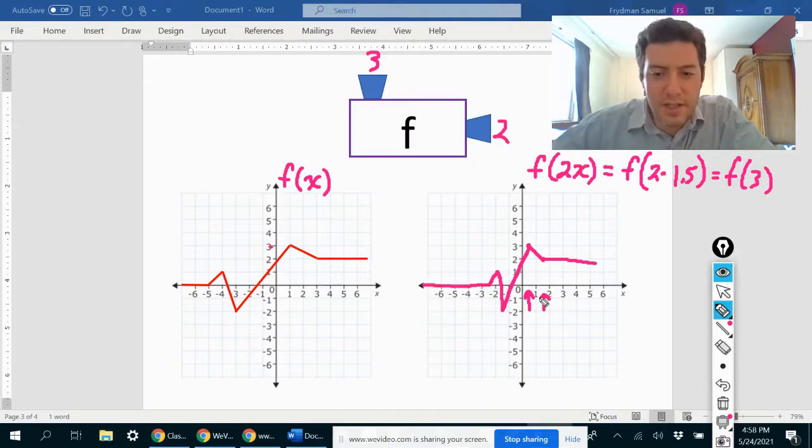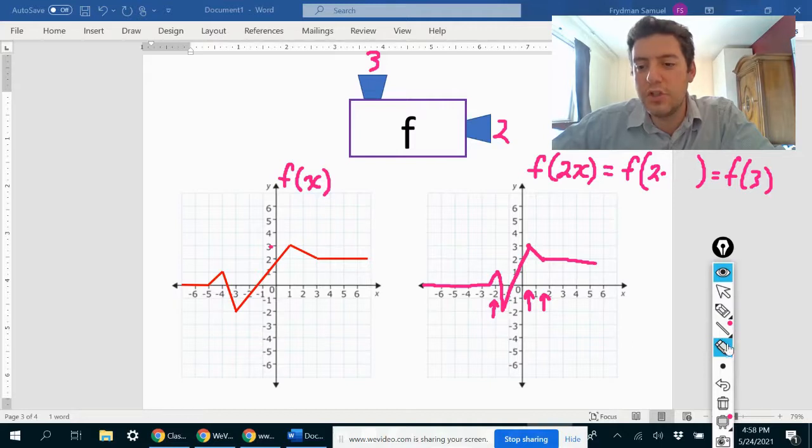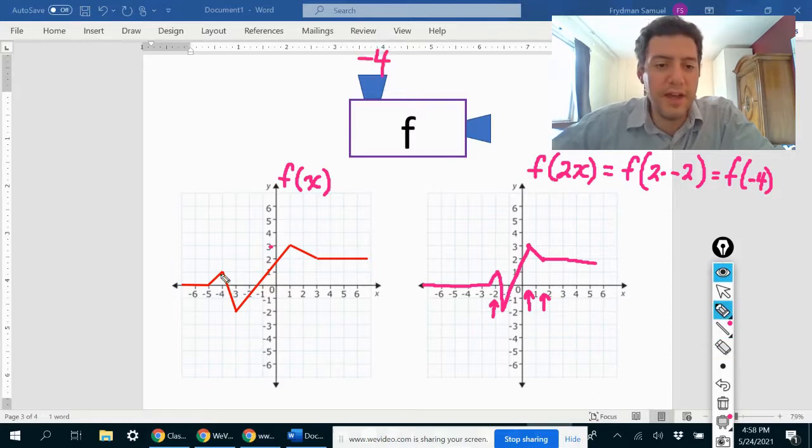All right, so let's see if we understand what happened over here. The x was -2. So if we do 2 times -2, then we would actually be putting -4 into the function machine. And we know that if we do that, we would get 1 out. So over here at -2, this goes up to a y value of 1.